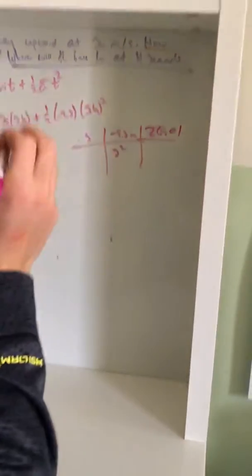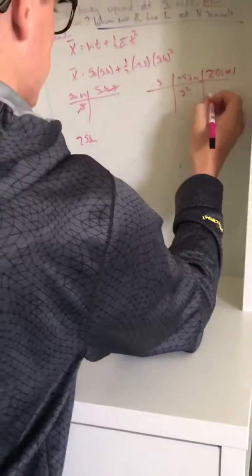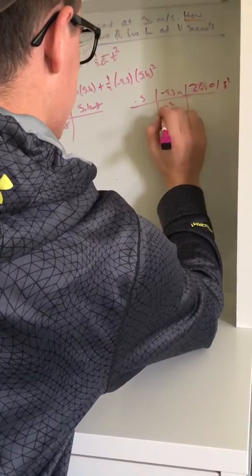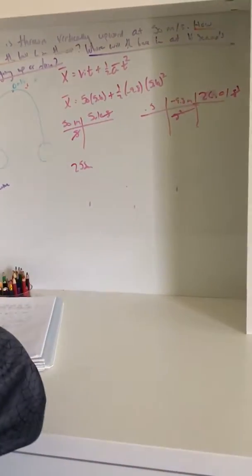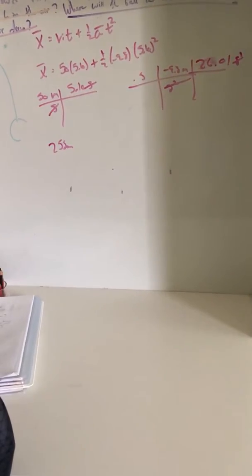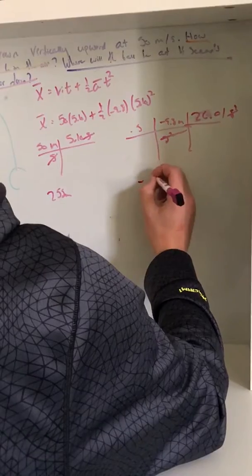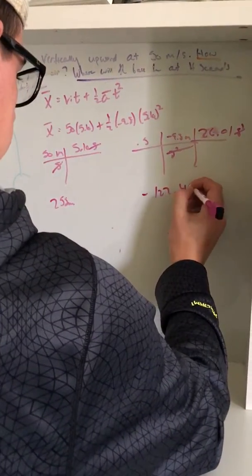5.10 squared is 26.01. So then, sorry, that's seconds squared, so seconds squared is going to cancel. 0.5 multiplied by negative 9.8 multiplied by 26.01 is going to give you negative 127.45.